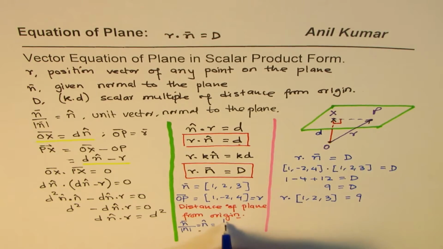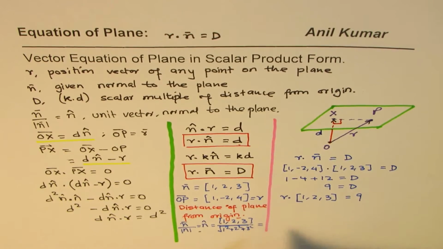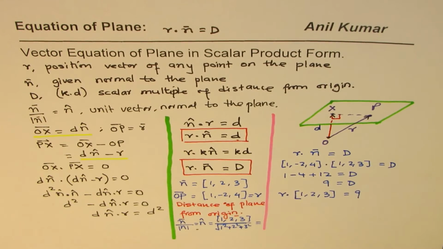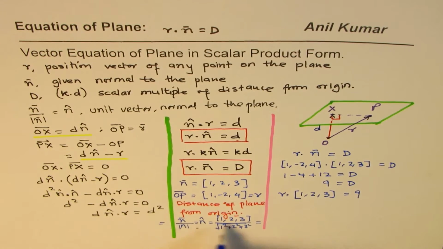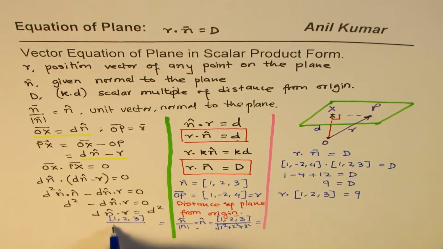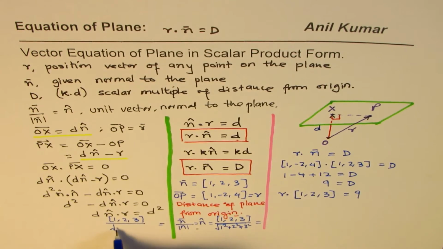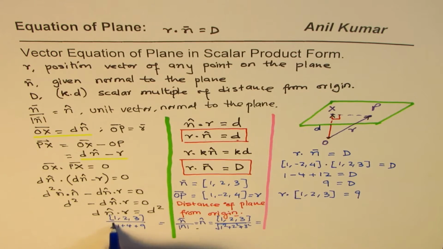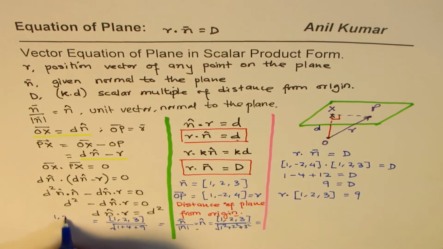So in our case it will be 1, 2, 3 divided by the square root of 1 square plus 2 square plus 3 square, which will be 1, 2, 3 divided by the square root of 1 plus 4 plus 9, which is 1, 2, 3 divided by square root 14.